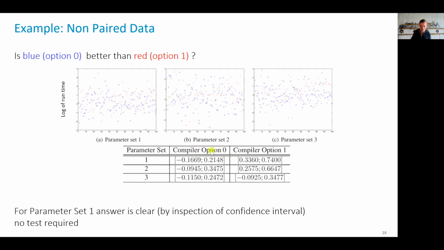We see that the performance of option 0 is way smaller than for option 1 here. So in that case, 0 has a small number. So if it's log of runtime, 0 is better here. But here, perhaps it's less clear because for 3, the intervals are largely overlapping. So it is perhaps not so clear here.